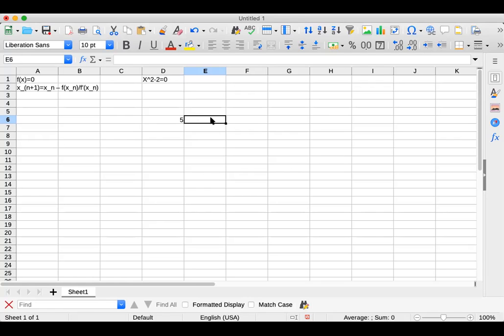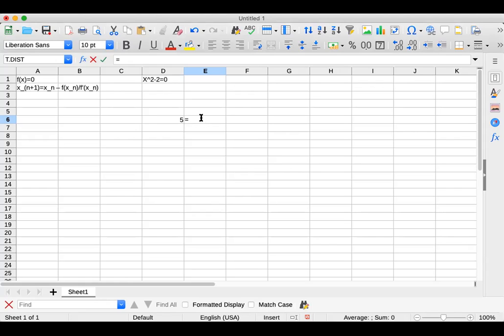So to write this formula in Calc of LibreOffice or in any other spreadsheet, you have to start with an equal sign. And then we're going to write the formula, which is this one, but we're going to use the name of this cell, which is D6, for the value x_n, for the value of our variable.